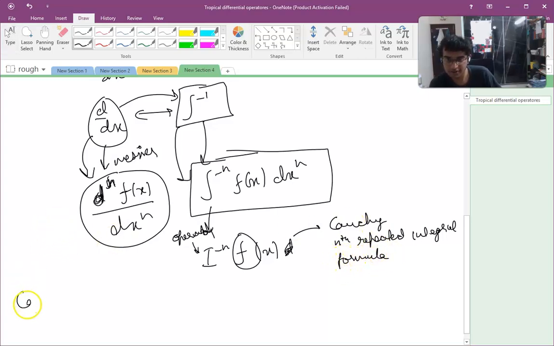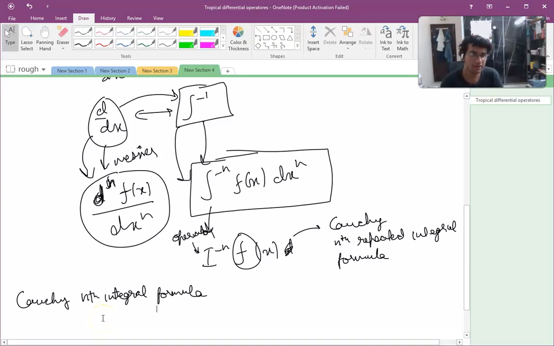Cauchy's integral formula is given as follows. For this intro, this is the only part that I ask you to just blindly accept.